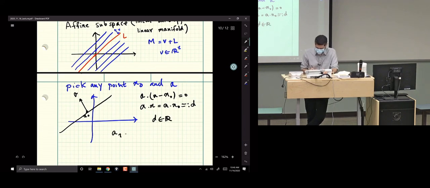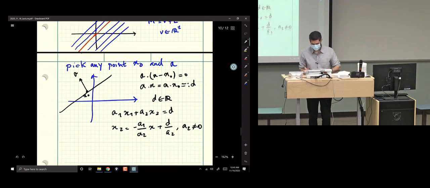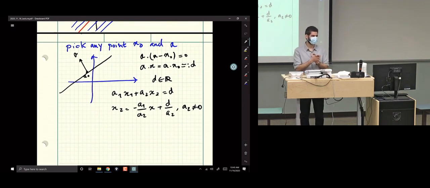So I can write a1 x1 plus a2 x2 equals d. Again, a2 is non-zero. And by the way, A cannot be 0 vector. That you can imagine already. At least one entry of A must be non-zero. Otherwise, there is no, well, normal vector.